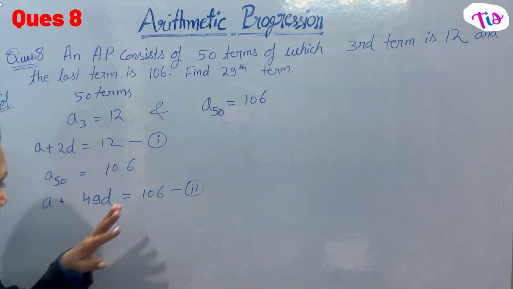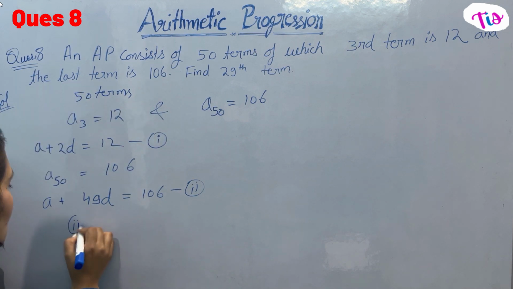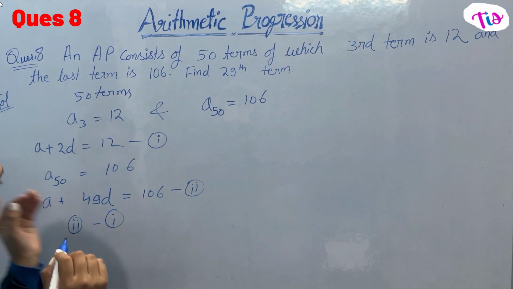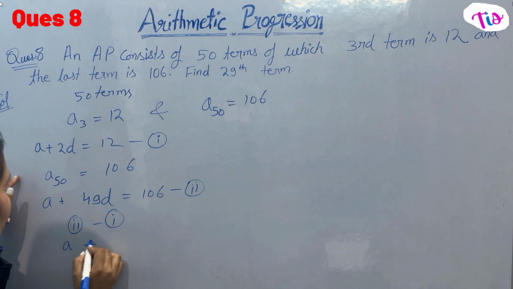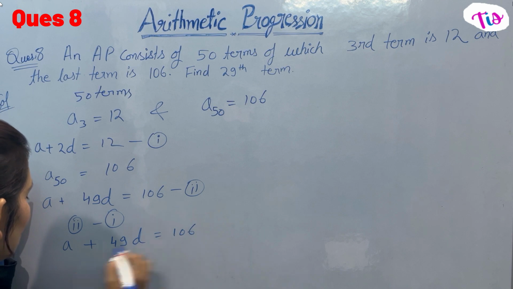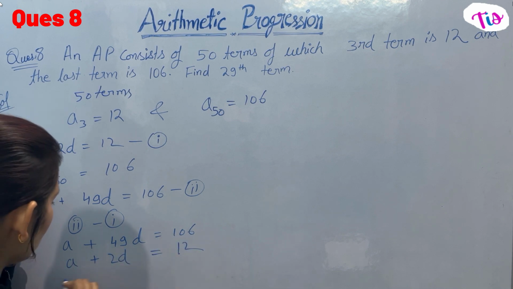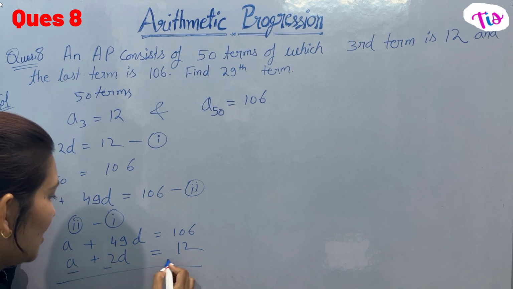Now what I'll do? Solve 1 and 2. Second minus 1. Once you subtract the first equation from the second one, what you will get? a plus 49d is equal to 106, minus a plus 2d is equal to 12. Now we need to subtract it, so we'll change the sign.